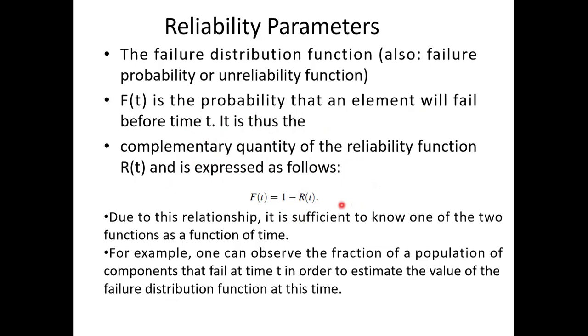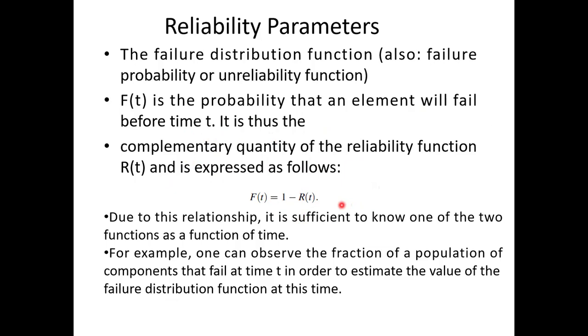So with the help of this relationship, it is sufficient to know one of the two functions as a function of time. For example, one can observe the fraction of the population of components that fail at a time t in order to estimate the value of the failure distribution function at this time.